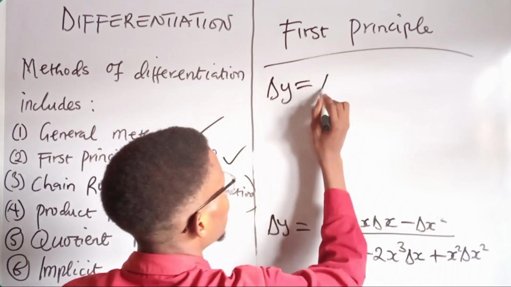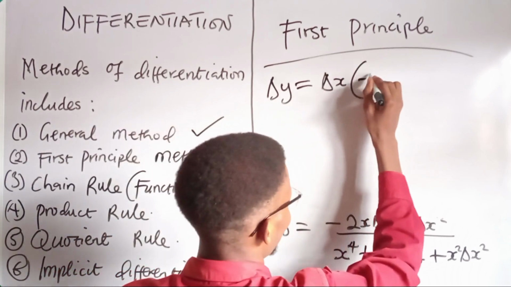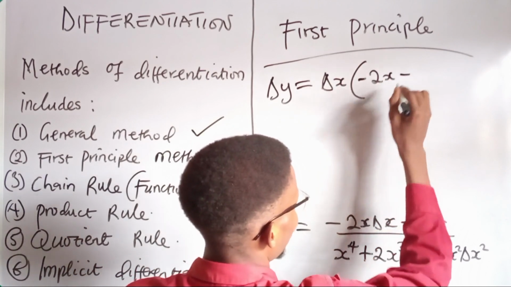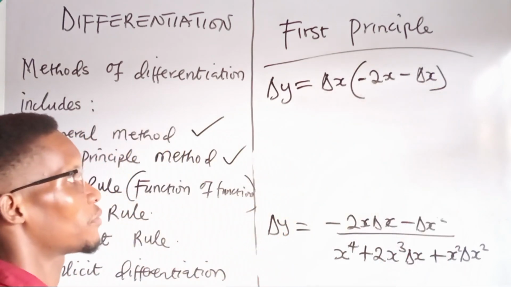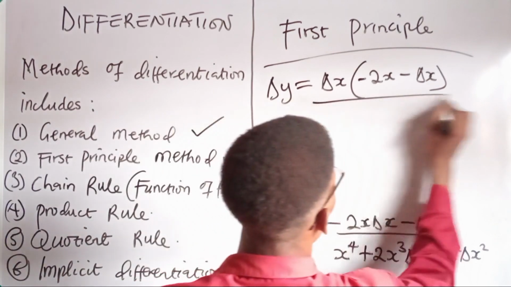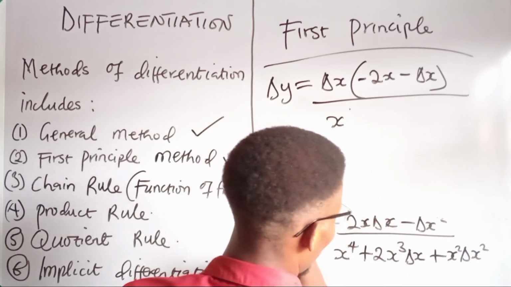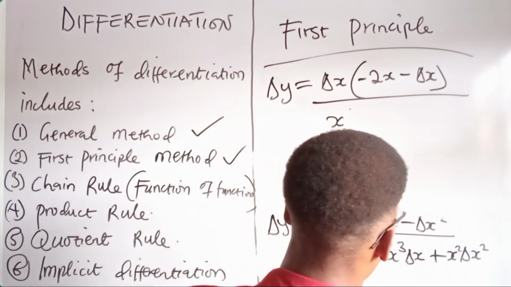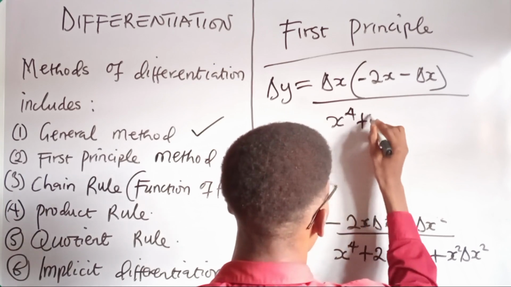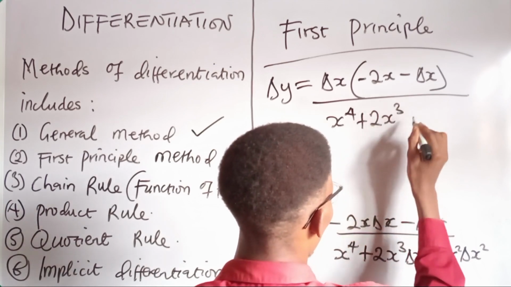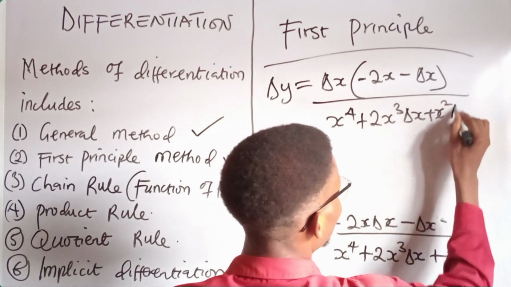So can I bring out change in s, what they have in common, then minus 2s minus change in s. That's what you're going to have, all divided by s raised to power 4 plus 2s raised to power 3 change in s plus s raised to power 2 change in s squared.